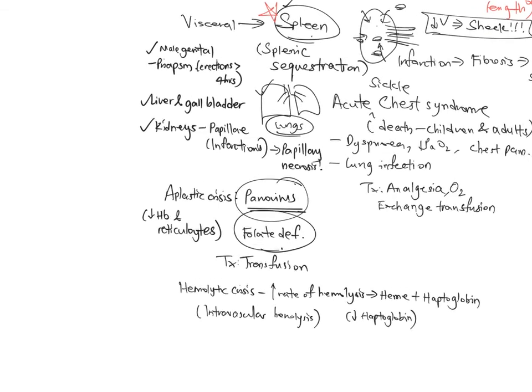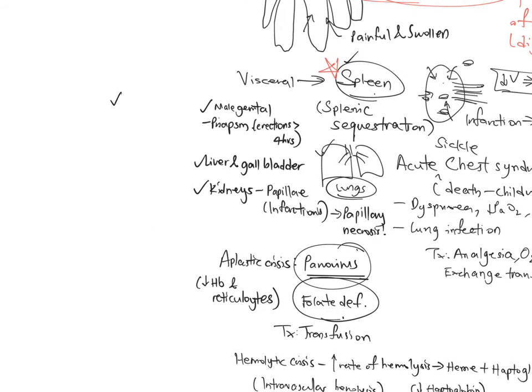Now, another important organ that could be damaged is the brain. As you know, the brain is heavily vascularized, and also the spinal cord as well. So when infarctions occur in either of these organs, it could result in strokes, and is a medical emergency, and up to 1/3 of children would have a silent cerebral infarction by the age of 6 years old.